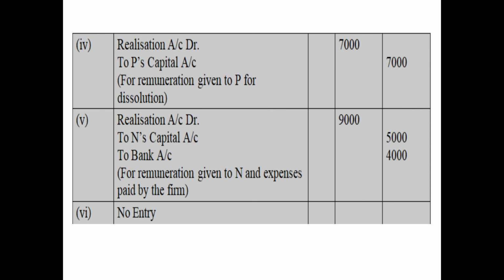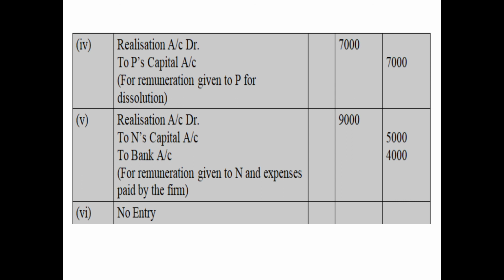Then the fourth case, when the fixed remuneration was given to P, the entry will be realization account debited 7,000 to P's capital account 7,000, as we have already discussed the logic. Then in the fifth case, N, a partner, was responsible for the dissolution expenses.